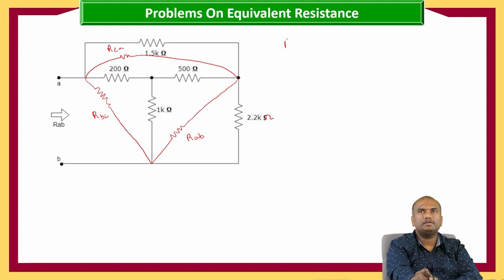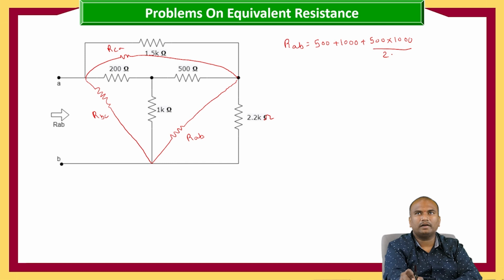So RAB is equals to 500 plus 1000 plus 500 into 1000 by 200, this is 2500 plus 500, 3000 plus 1000, 4000 ohms. This is the RAB value.